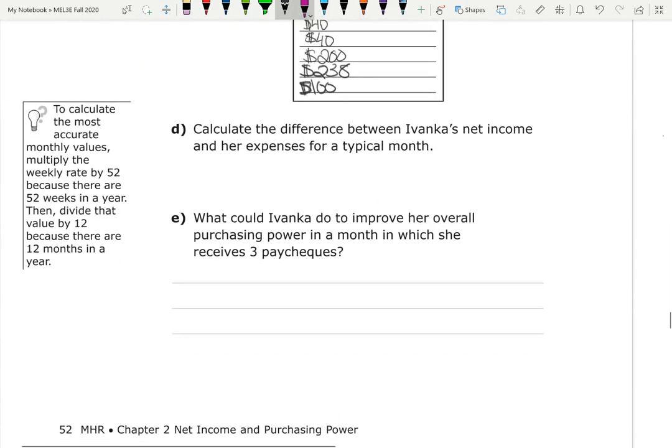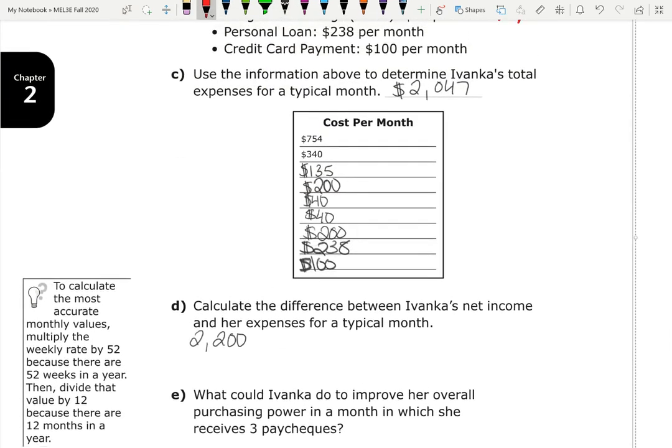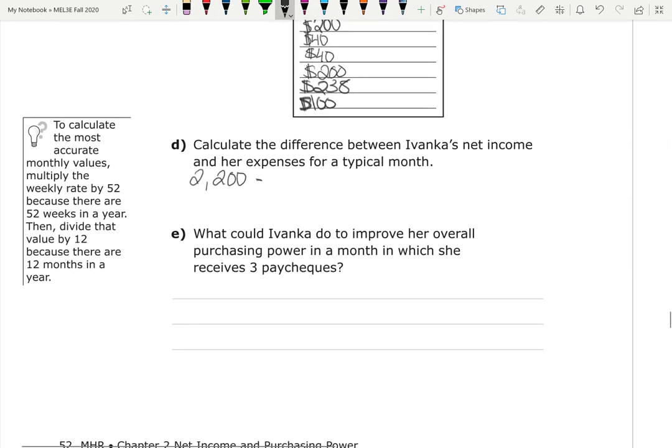So we're going to take our $2,200 and subtract how much she's spending on essential expenses a month, which is $2,047. So she only has $153 left over a month.